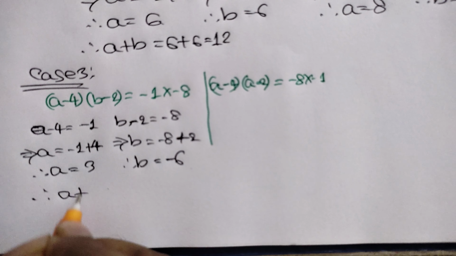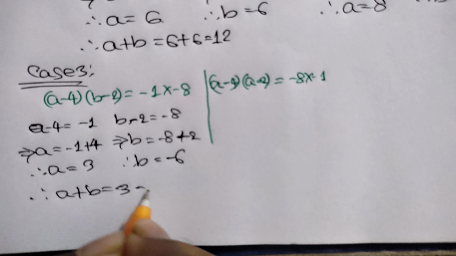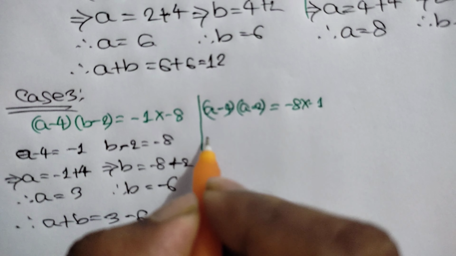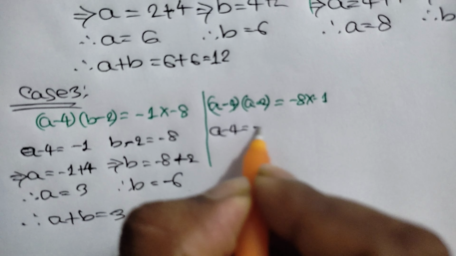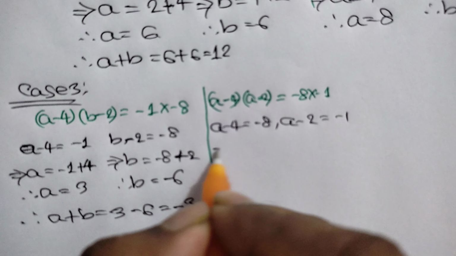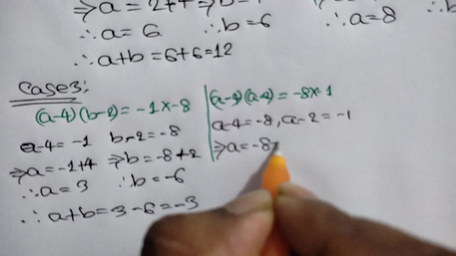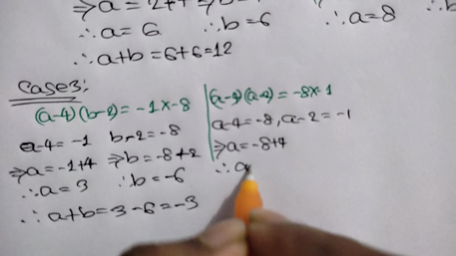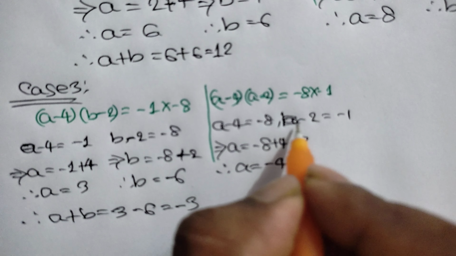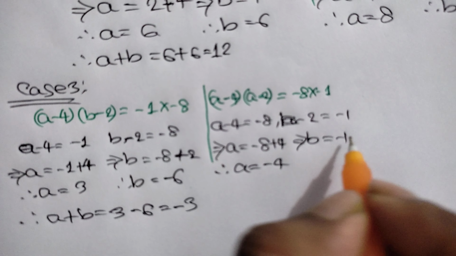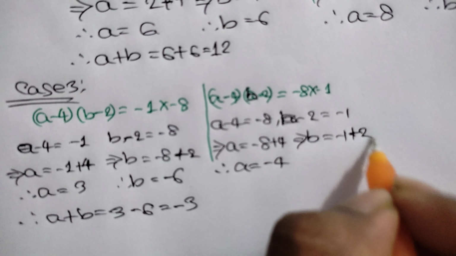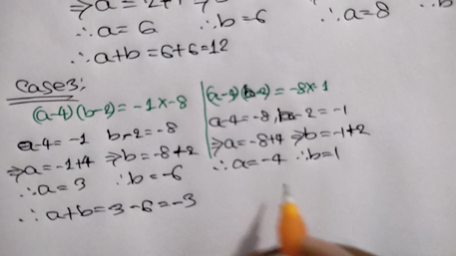So a plus b is equal to 3 minus 6 is equal to minus 3, and here we can write a minus 4 is equal to minus 8 and b minus 2 is equal to minus 1, or a is equal to minus 8 plus 4, so a is equal to minus 4, or b is equal to minus 1 plus 2, so b is equal to 1.